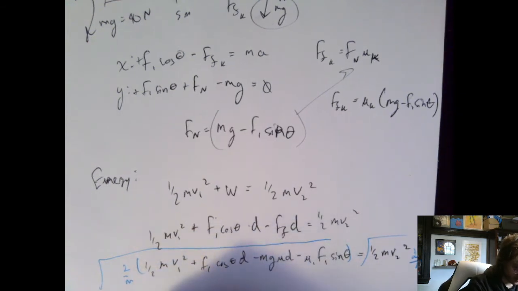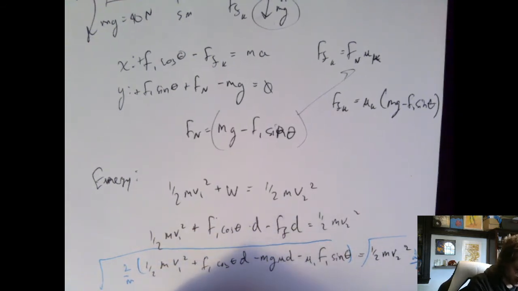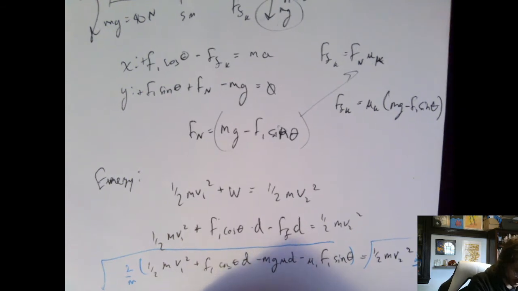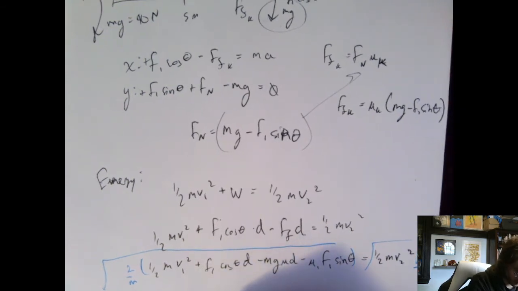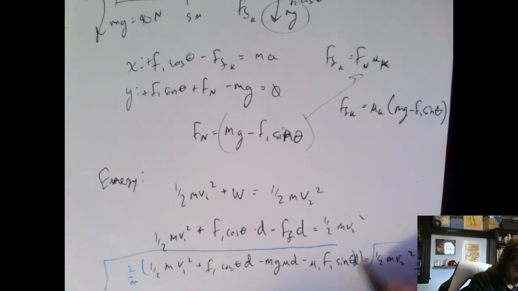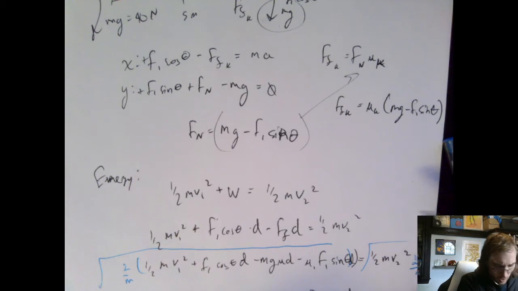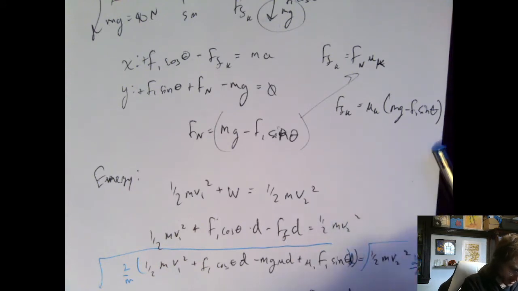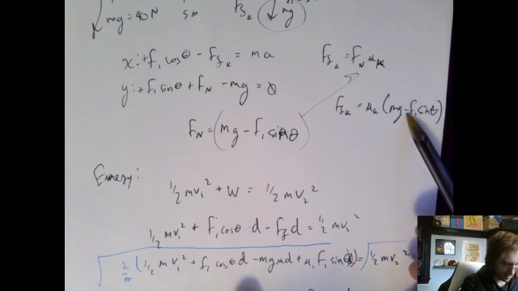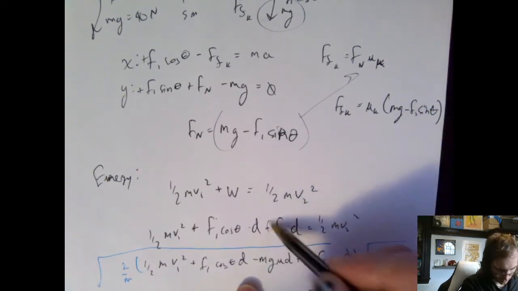V2 will be equal to the square root of 2 over m times 1/2 mv1 squared plus F1 cosine theta d minus mu mg d minus, oops, this should have a d in it, mu F1 sine theta d, where these are our terms for our work. I did mess up a little bit. This should be positive, because of the negative sign here when I distribute this negative sign here.